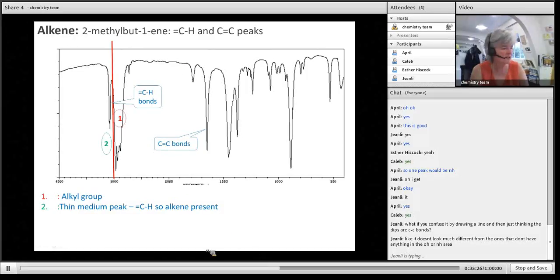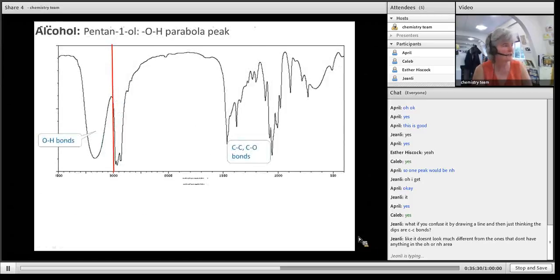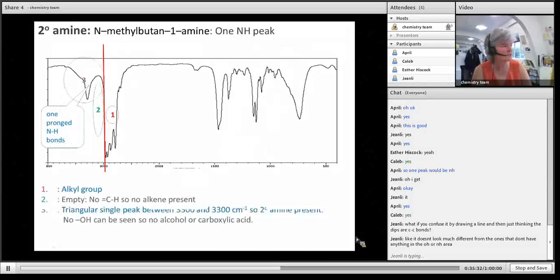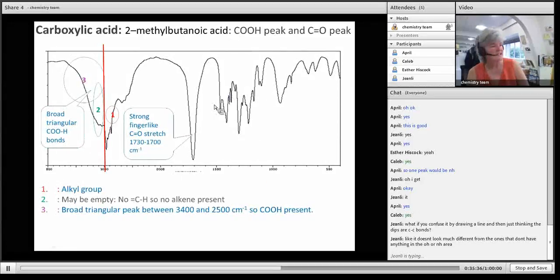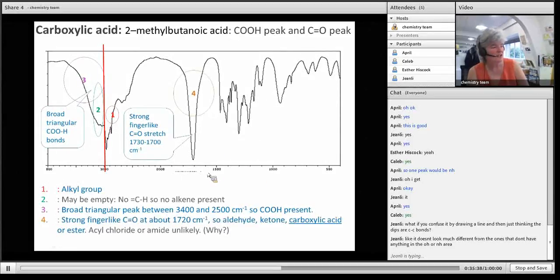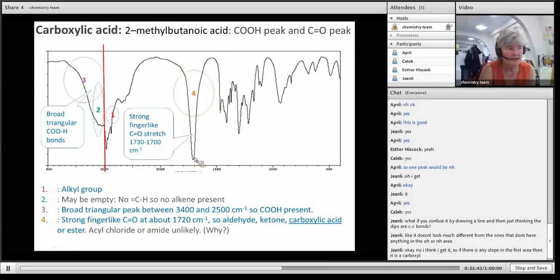Okay, John is typing. I'm just going to go very quickly back to where we were, which was the carboxyls there. Right, and as I say, that's a finger-like stretch. Now, where that stretch is will also help tell you what type of carbonyl it is.